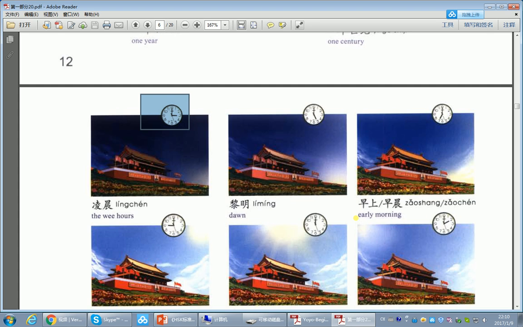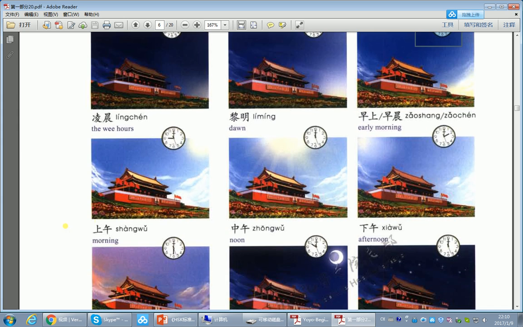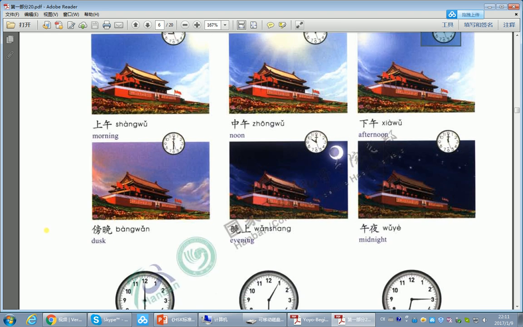And this one, early morning, we can read it 早上 or 早晨, 早上7点 or 早晨7点. Morning 上午, 上午9点. Noon 中午, 中午12点. Afternoon 下午, 下午2点. Dusk 傍晚, 傍晚6点. Evening 晚上, 晚上10点. Midnight 午夜, 午夜12点.